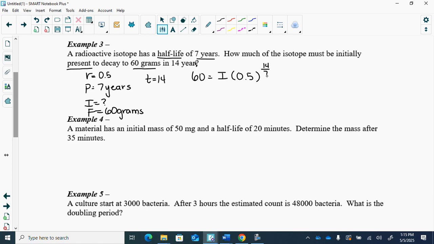Now this is the catch. A lot of people want to convert to a log. You only convert to a log when your variables are in your exponent. So you have 60 equals I, 0.5 to the 2. How do I get I by itself? This is multiplying, so how do I do it? Divide.